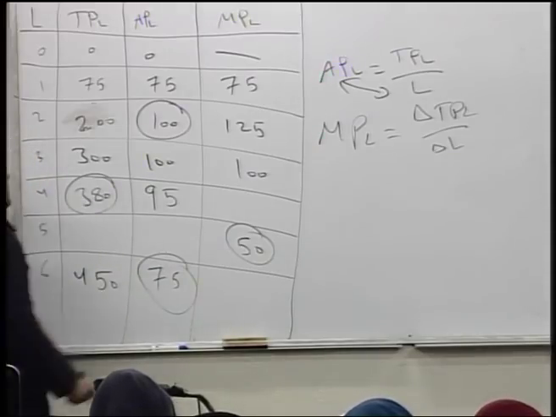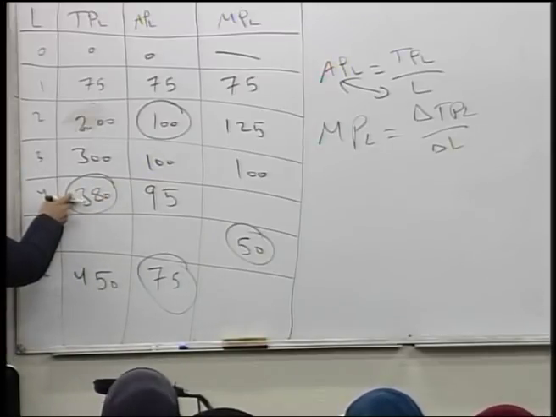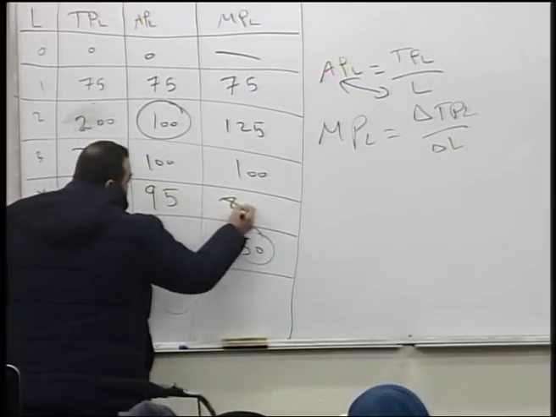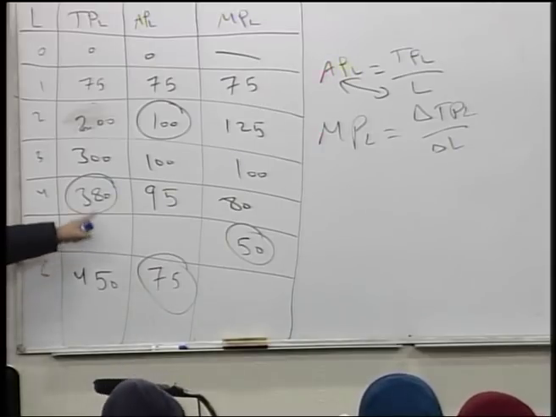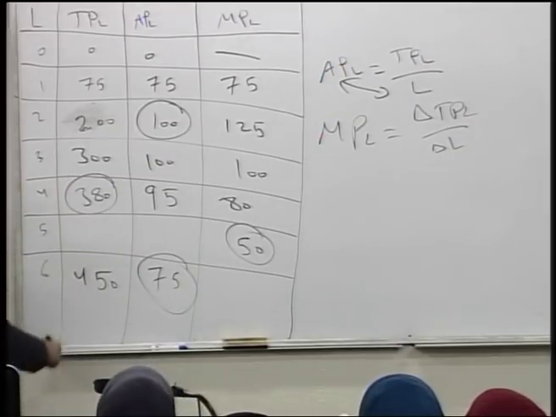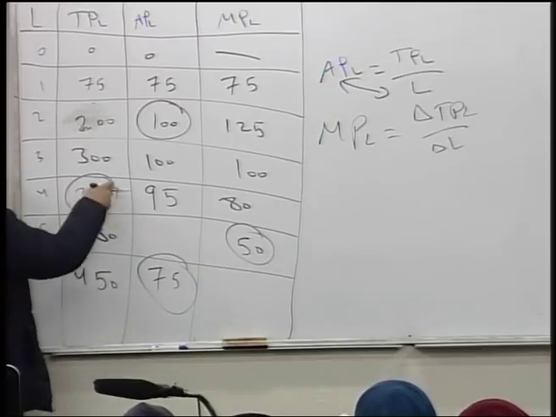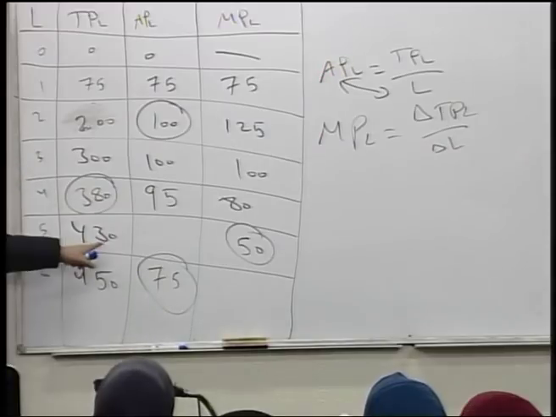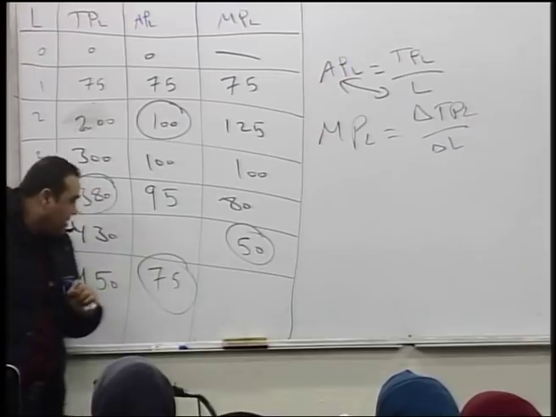What else here? This is given. Now 380 minus 300 over 4 minus 3. Then 430 minus 380 over 5 minus 4 will give us 50.